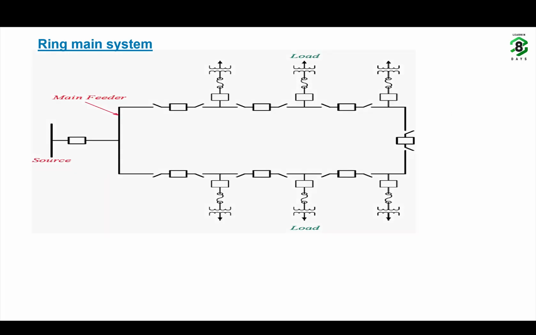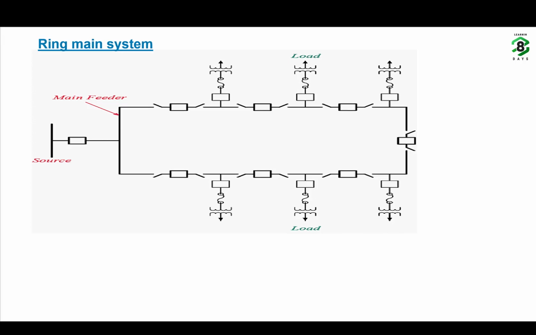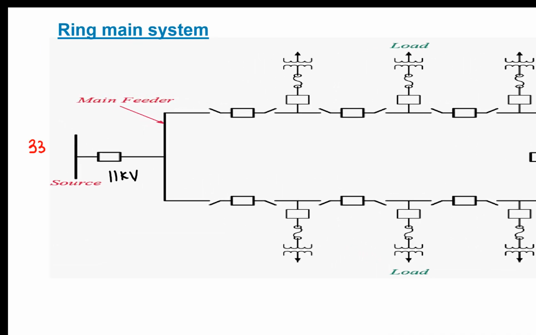Now if you can see in this image of a ring main system, ring main feeder, suppose this is a 33 kV bar 11 kV substation, from where the 11 kV feeder is starting.